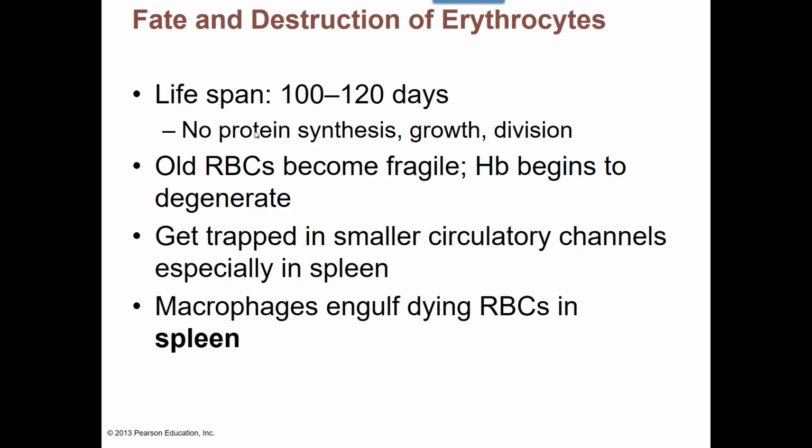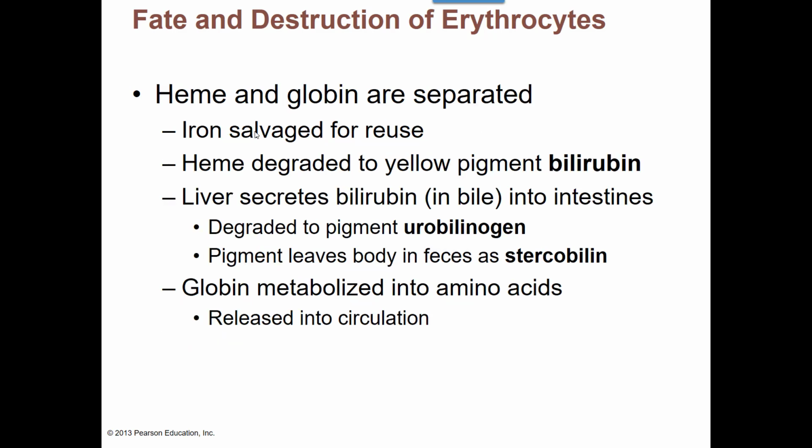As it starts to get broken down, we try to recycle as much as we can. So we're going to take that hemoglobin, we're going to break it down, and it's going to get separated into its heme and the globin. The iron's going to get reused later. The heme part will start to break down, it gets degraded into a yellow pigment called bilirubin. The liver is going to secrete the bilirubin in bile into your intestines.